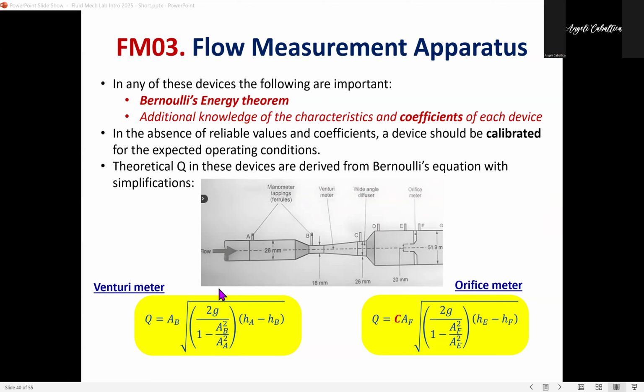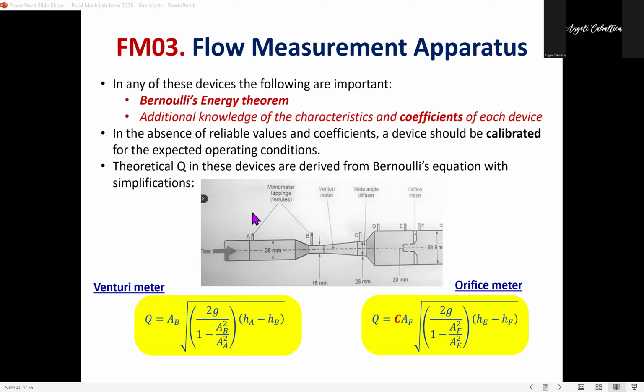So A_B is the cross-sectional area at section B, sorry, section B is somewhere here, the one with 16 millimeters. A_A is the cross-sectional area at point A, this one with a 26 millimeter diameter. 2g is a constant, and then you have h_A and h_B. So what are these h_A and h_B?